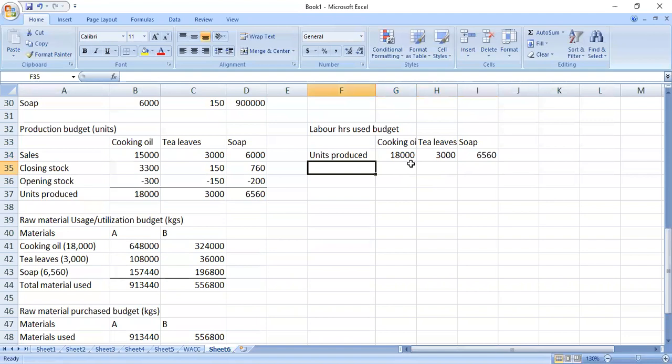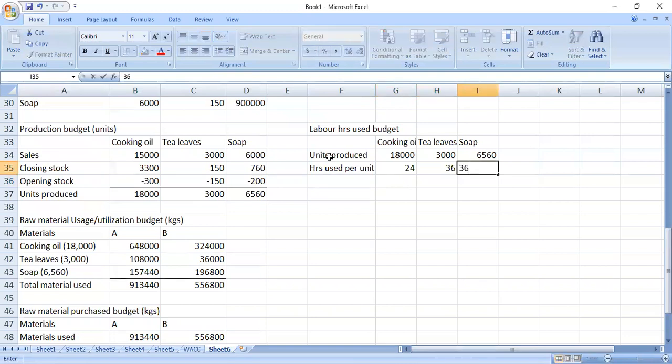Now we're saying hours used per unit. Hours used per unit. For cooking oil, we say that it was 24. Okay. And this was 36.